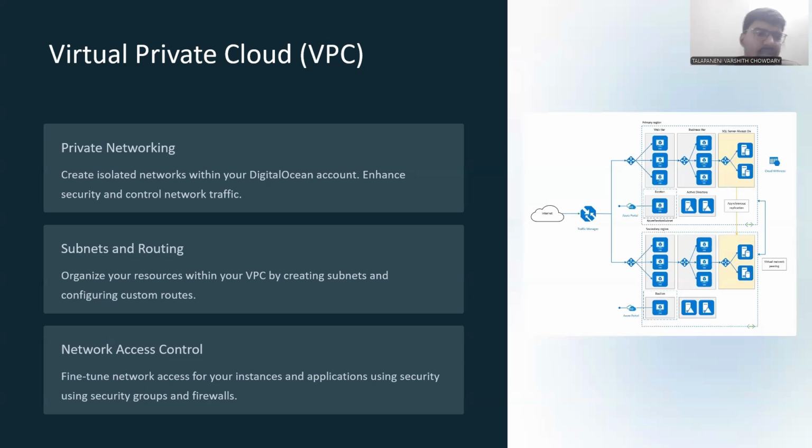That comes under subnets and routing and network access control. So you can tune the network for many instances in your virtual private cloud, and you can also see the security of different applications which are running under your virtual private cloud.